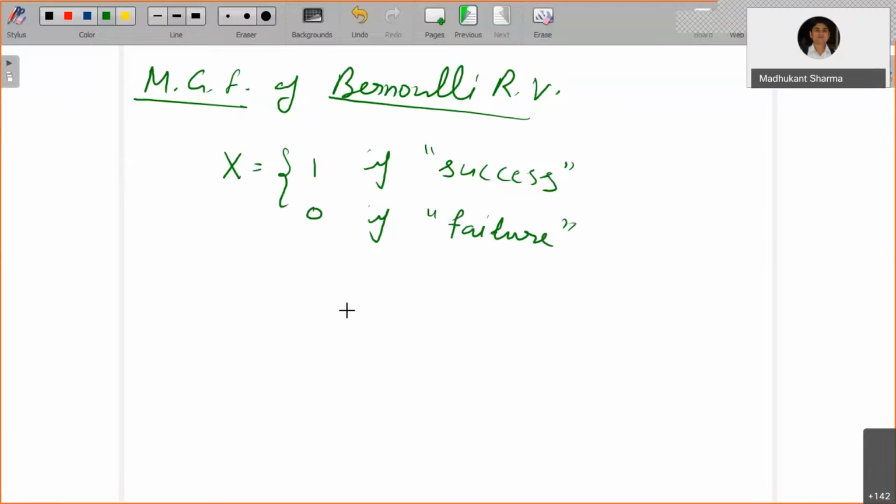You have two outcomes. Now probability of X equals 1 is p, and probability of X equals 0 is 1 minus p, the failure.